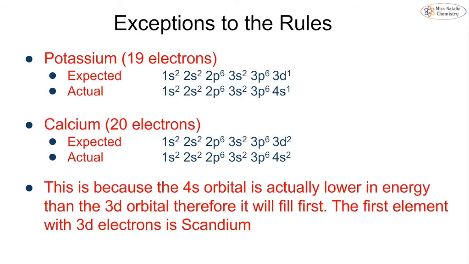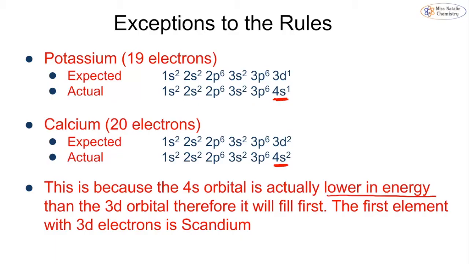So when we look at potassium and calcium, which are atomic numbers 19 and 20, what we would expect if we followed the Aufbau principle to a T is that we would fill the 1s all the way up to the 3p, and then that 1 electron would go into the 3d. Now we know, because of what we've just said, that the 4s is actually lower in energy than the 3d, so we fill the 4s first. So potassium is going to have this 4s1.